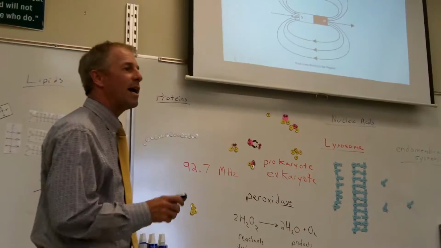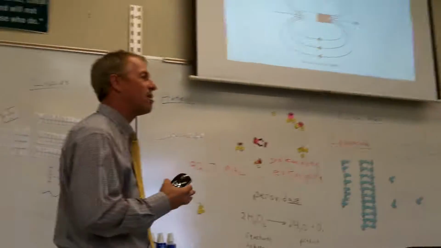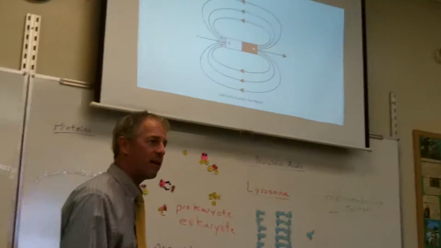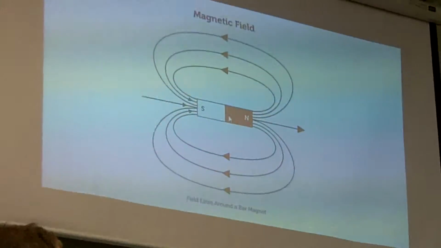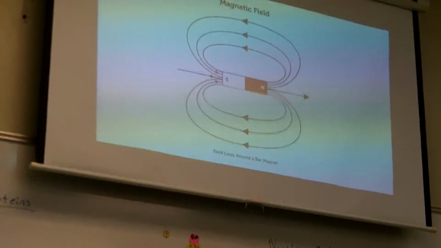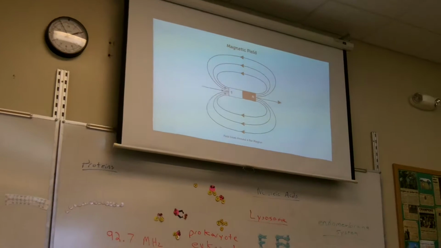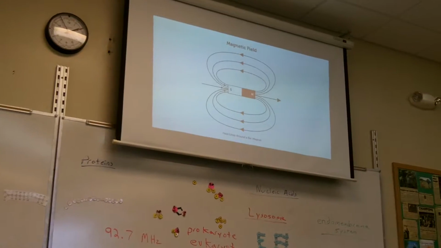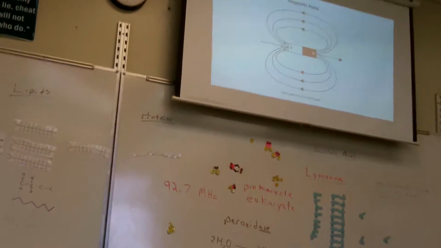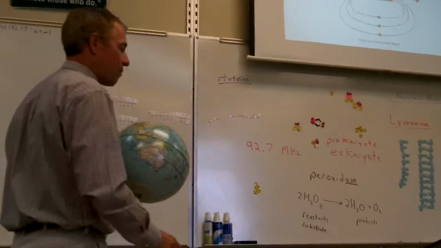Now, when trying to understand what light is, we need to understand a couple things. First, a magnetic field. Have you ever heard of a magnetic field before? If you take a bar magnet, or the Earth, it has a magnetic field because it's like the Earth has a giant magnet inside of it. That's because the center of the Earth is mostly metal.